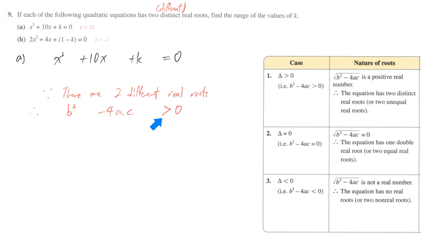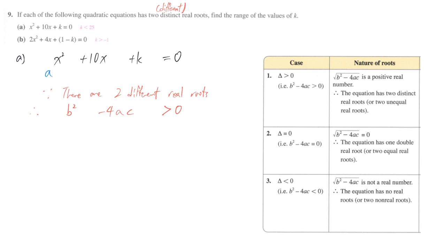The only difference is this is a range. It's not equal to a certain value, but it's a range larger than 0. So we expect we will have k is larger than or smaller than something. But anyway, to make good use of this outcome, this implication, we are going to find out what is b, what is a, what is c in this situation.